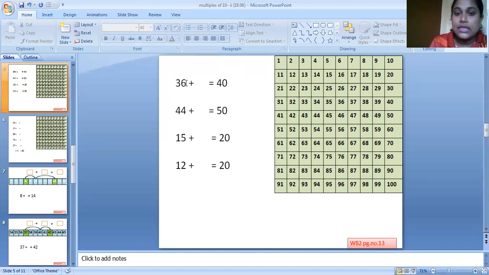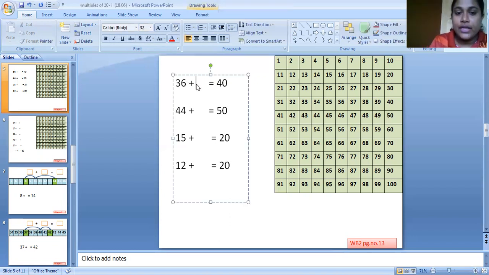With the knowledge of bonds to 10, we know 6 plus 4 equals 10. So, if we write 4 here, let's check what the answer will be. 6 plus 4 is 10. So, we have 30 here.